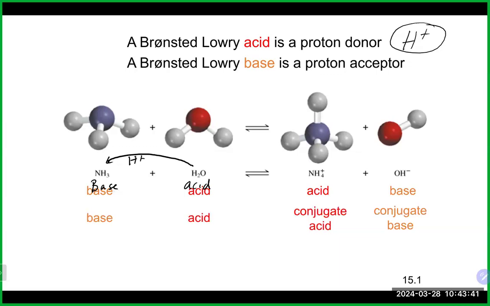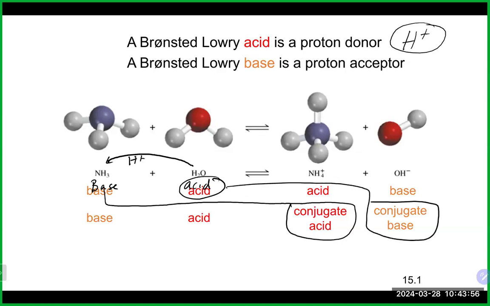So the base on the left-hand side, its partner on the right-hand side is the conjugate acid. And the acid on the left-hand side, its partner on the right-hand side is the conjugate base. So that is the relationship between those two things.